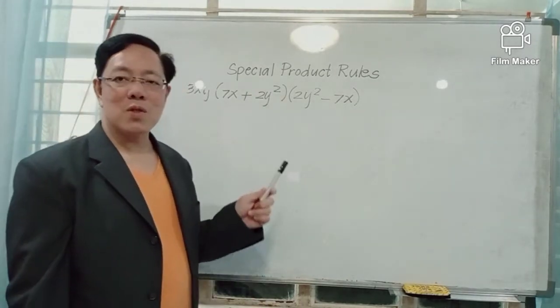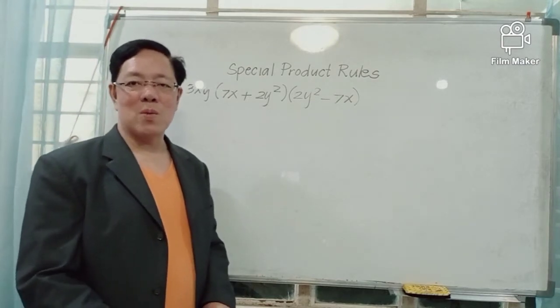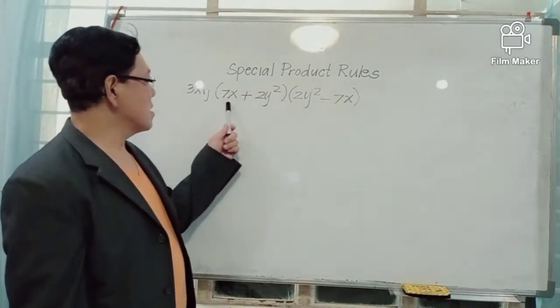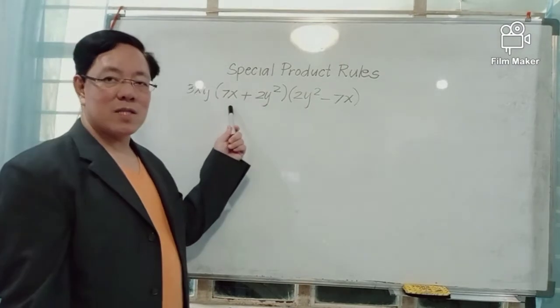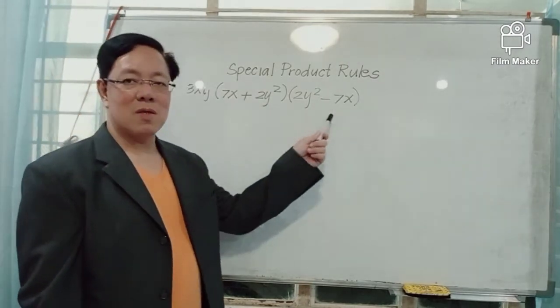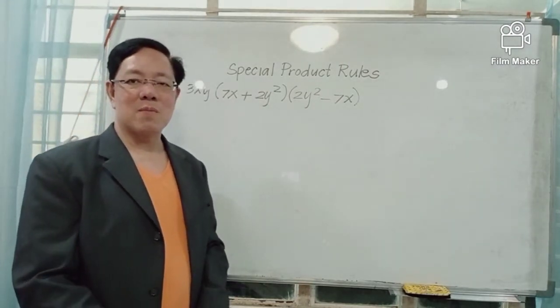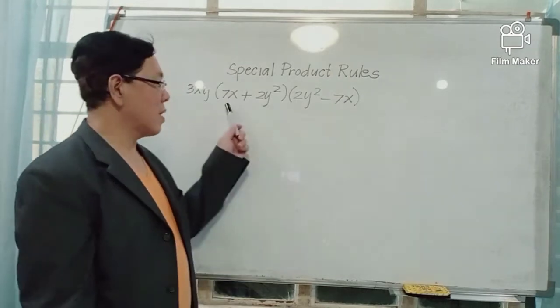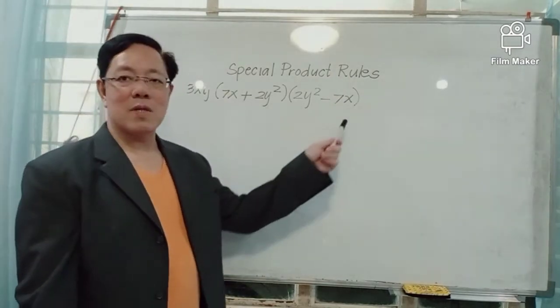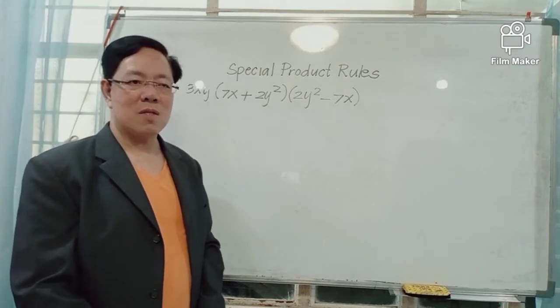So to be able to apply the special product rule number 1, we either rewrite this one or we rewrite this one so that the first terms are the same in both binomials and the second terms are the same in both binomials.